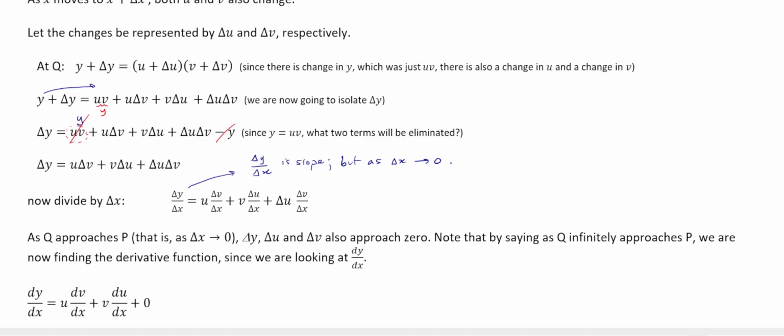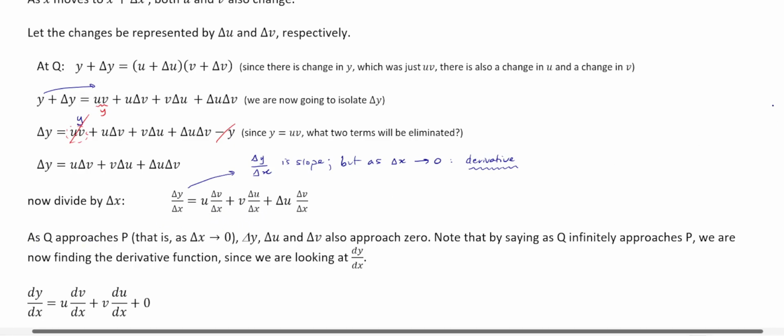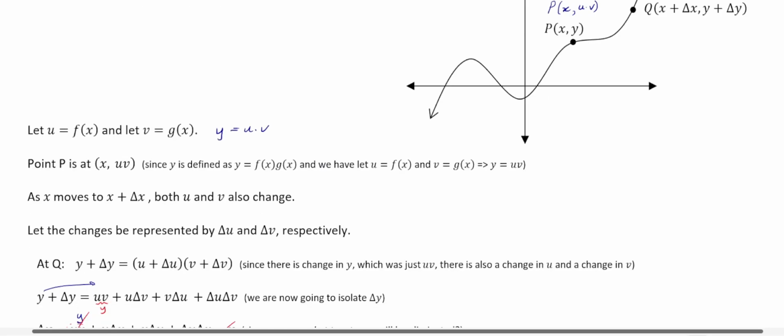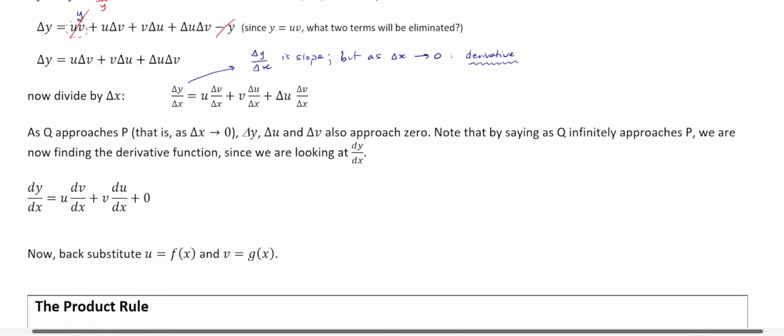That is the derivative. So that's why we've divided everything by delta x, because now we're going to let delta x get infinitesimally small, as Q approaches P. As we take this point and bring it infinitesimally close to P, we notice a few things.